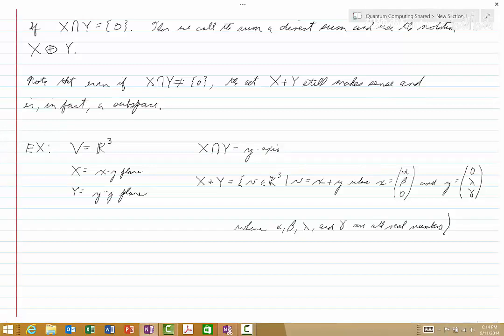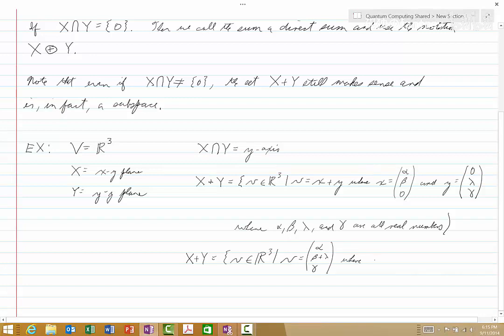And of course, as we argued in class, when we add those two together, we could simplify and say X plus Y is equal to the set of all vectors V in R3 such that V equals (alpha, beta plus lambda, gamma), where alpha, beta, lambda, and gamma are real.